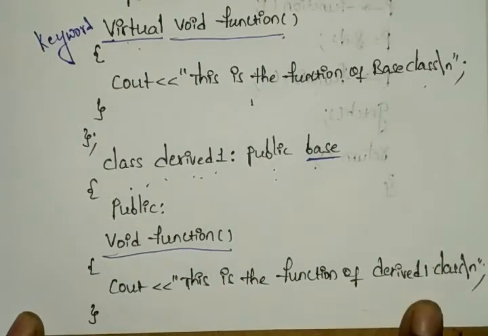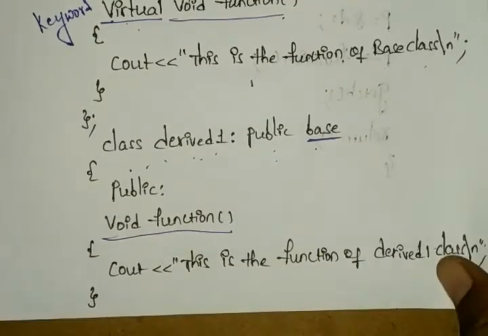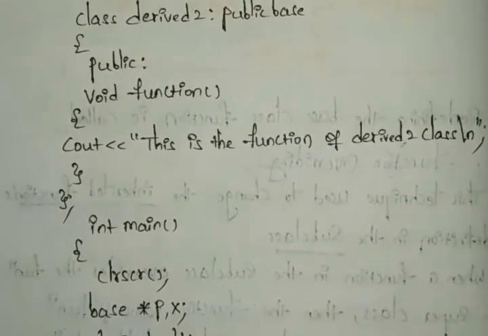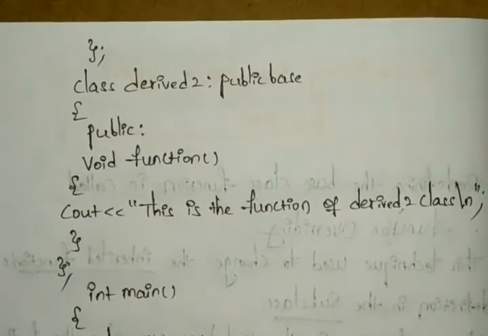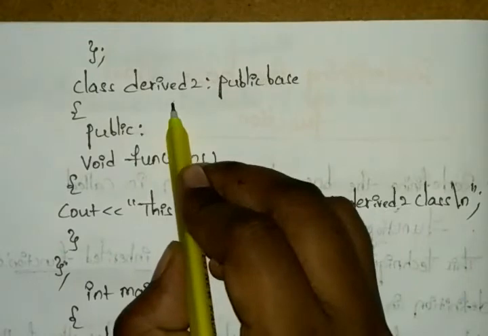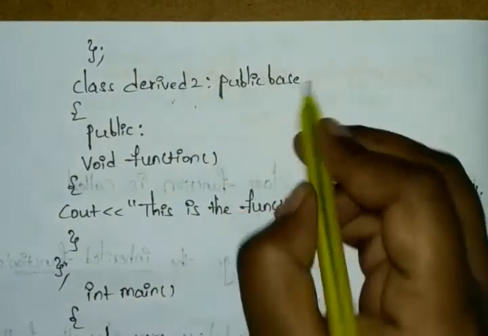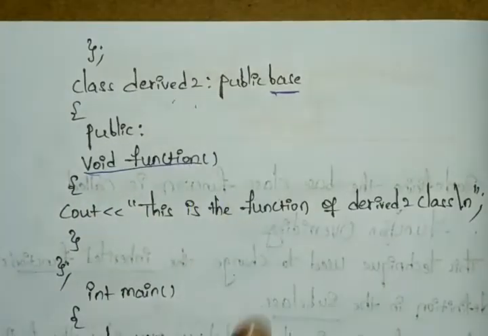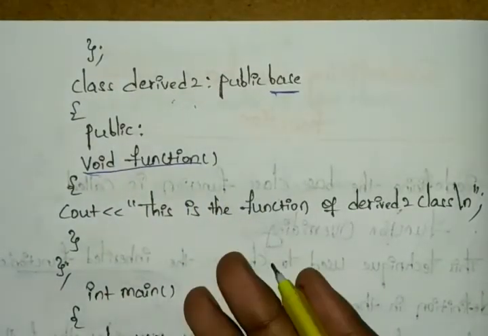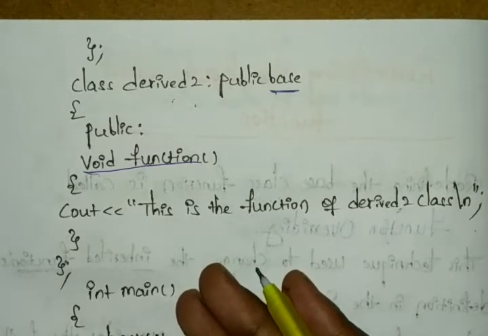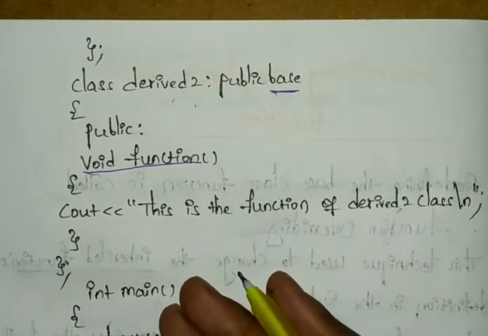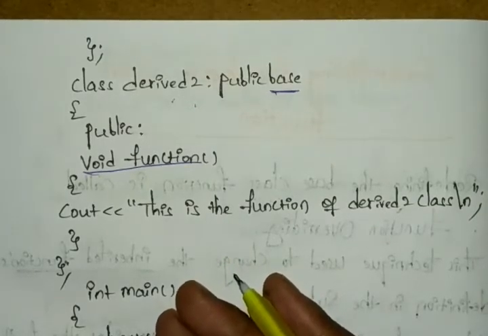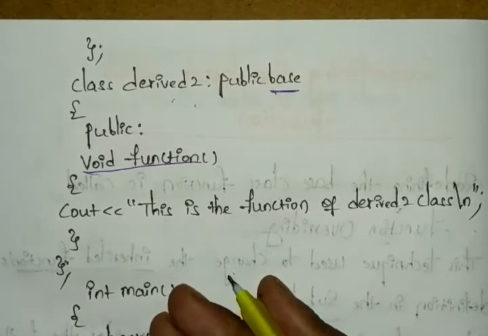So here is the function of derived class 1. After that you can see the program. Again we have the class Derived, which also derives from our base class, and again we have the void function. So this is also overridden. Once we define the function, it is always overridden in the derived classes, and that is function overriding.